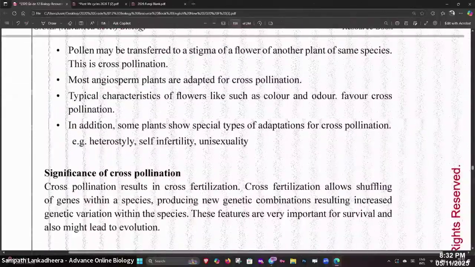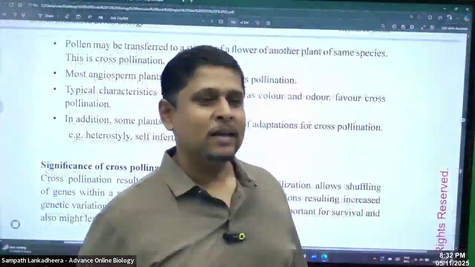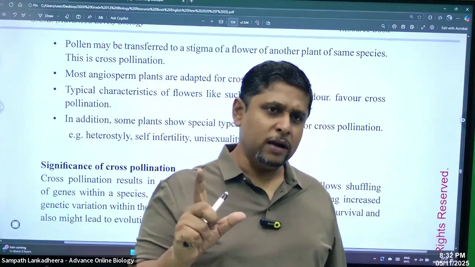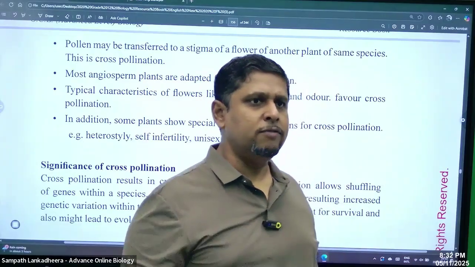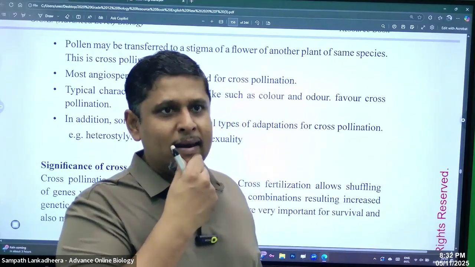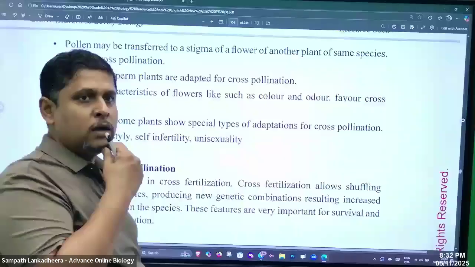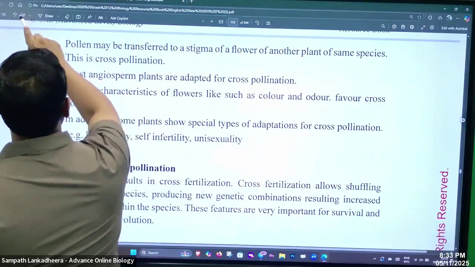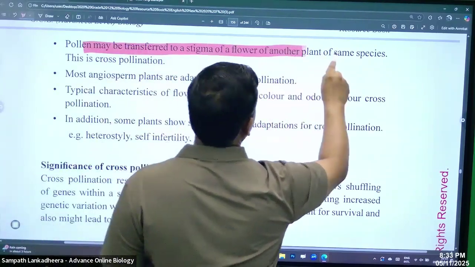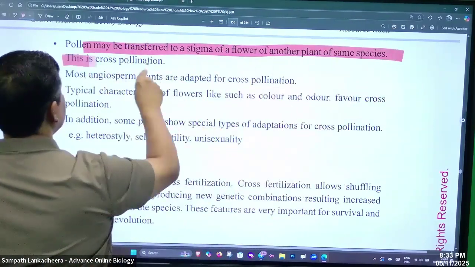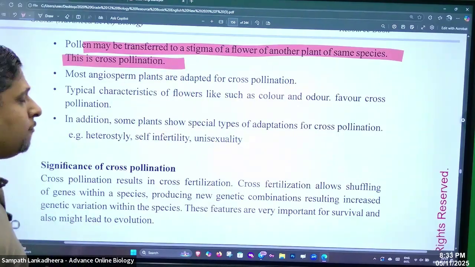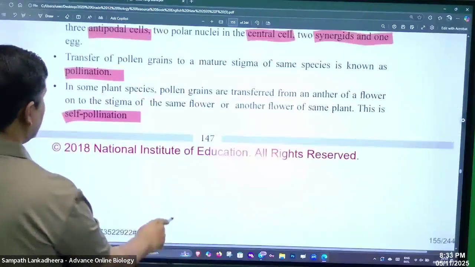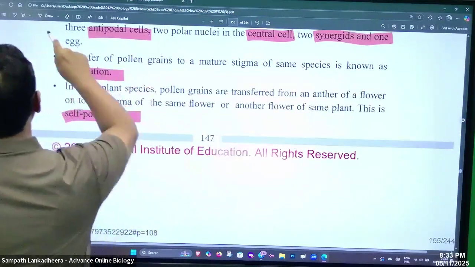Self means within the same plant, within the same flower or another flower of the same plant.